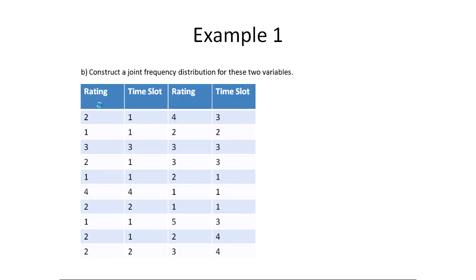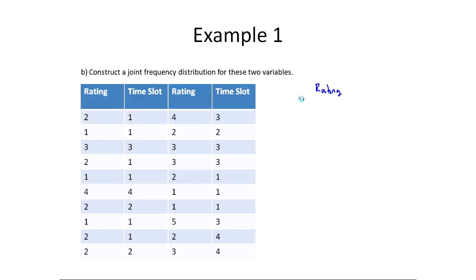So here we're going to now make a joint frequency distribution. You notice that I don't even have the work for the initial frequency distributions because they're totally unrelated. This is very different. So now what I want to do is see how these variables work together. It doesn't matter which one I put on top and which one I put on the left, but I'm going to put one variable on top and one on the left. So I'll put rating on top.